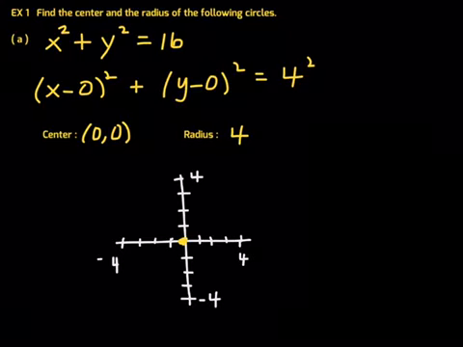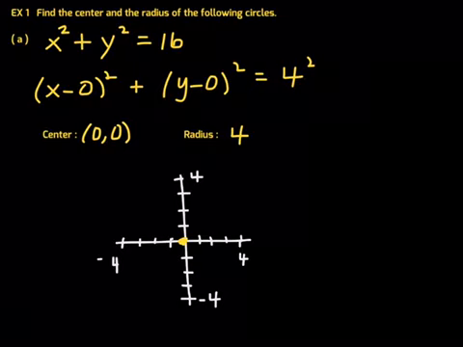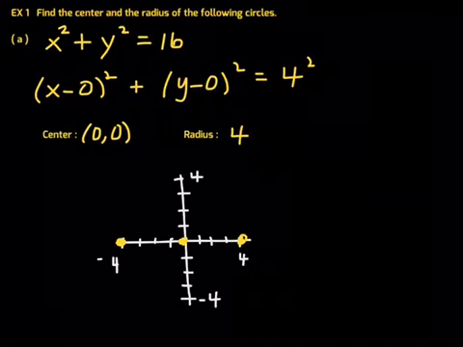So all I'm going to do is move out 4 units to the left, move out 4 units to the right, and up and down from the center. So if I'm at the origin and I move 4 units to the right, that puts me here at 4, 0. If I move 4 units to the left, it puts me at negative 4, 0. If I move 4 units up, I get 0, 4.